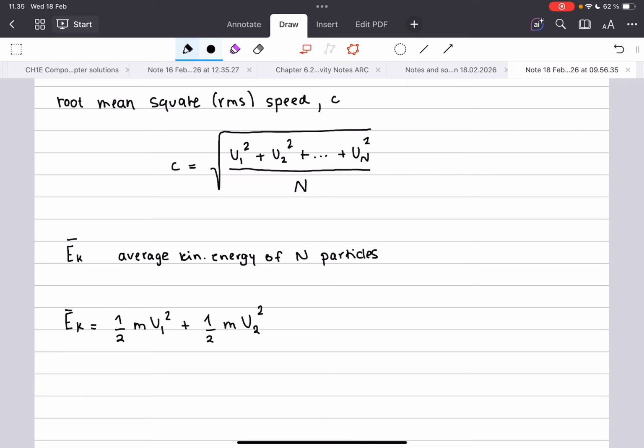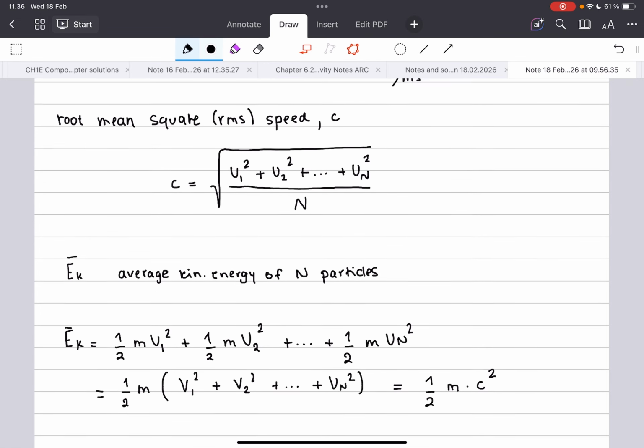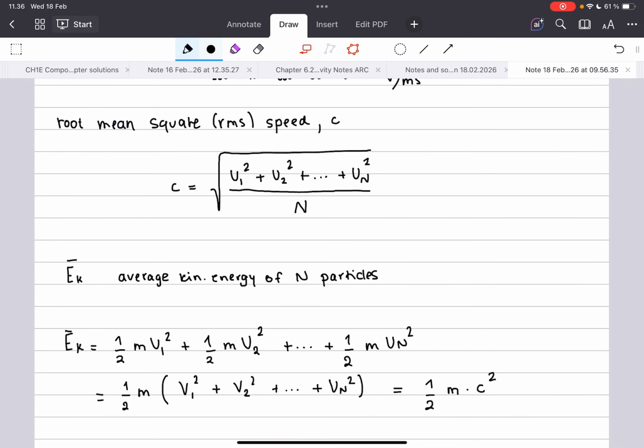We're talking about the same substance, so the particles have the same mass, so a half m Vn squared. If we factor out a half m, then we have V1 squared plus V2 squared plus all the way to Vn squared, which is a half the mass times the root mean square speed to the power of 2. So that is what we define as the root mean square speed.